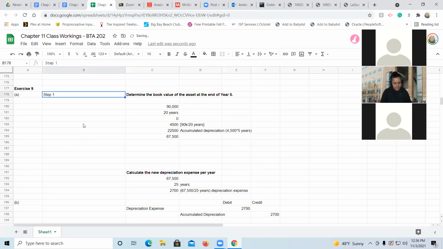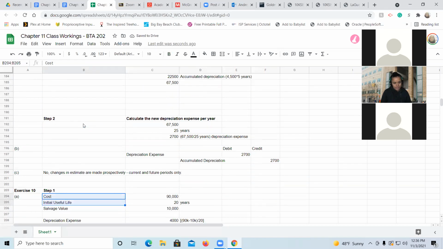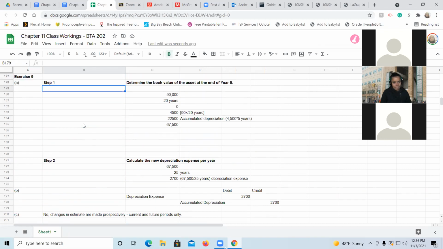All right, so questions there as I tried to fix whatever went wrong in column B. Anybody need me to give them any further explanation?